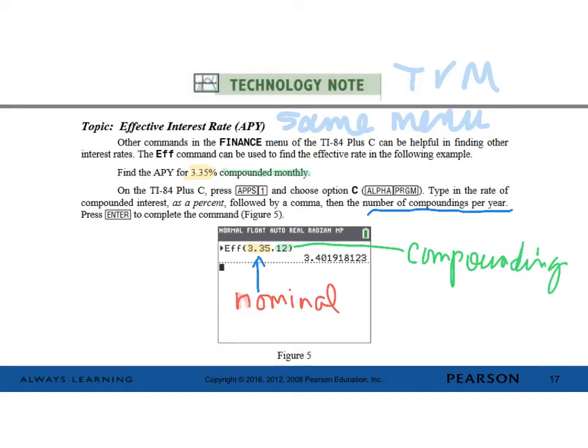And then what you get out of the problem is your effective rate. In this case, it would be 3.41, or excuse me, 3.40 would be close enough. So 3.4%.